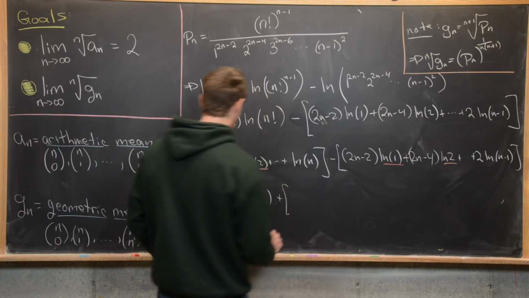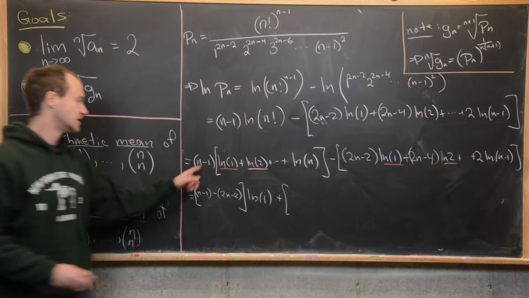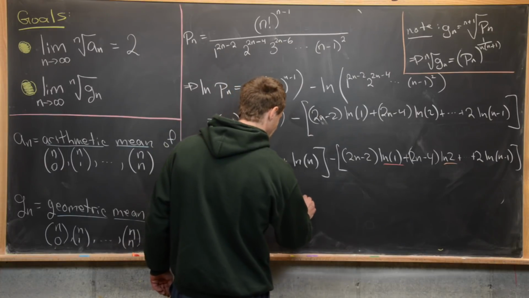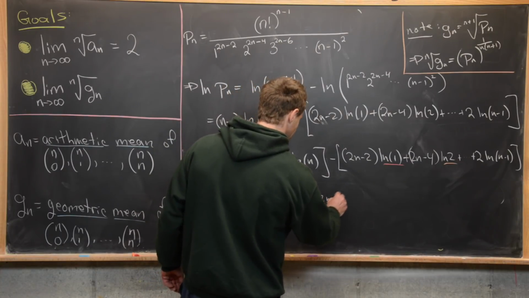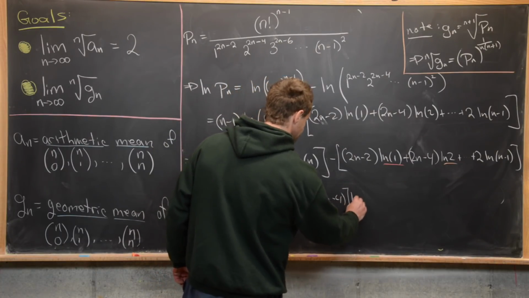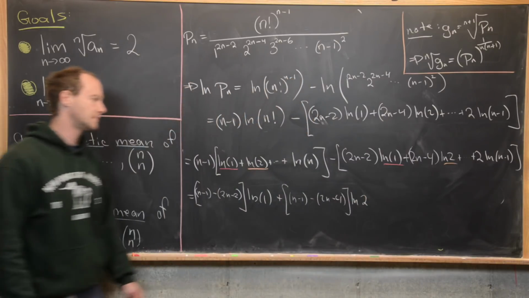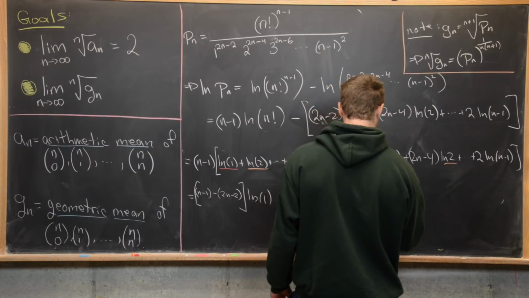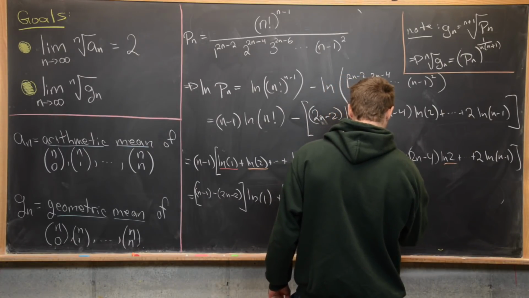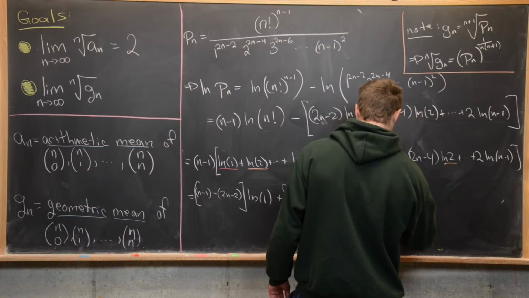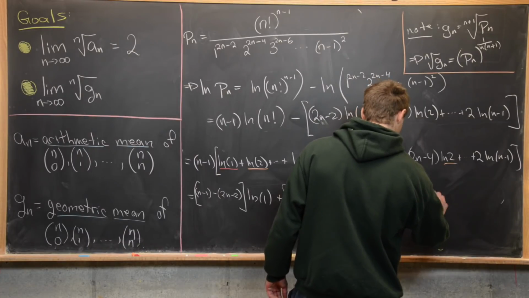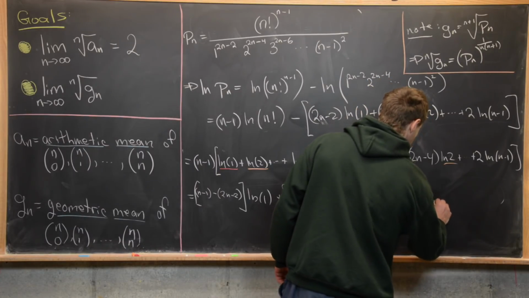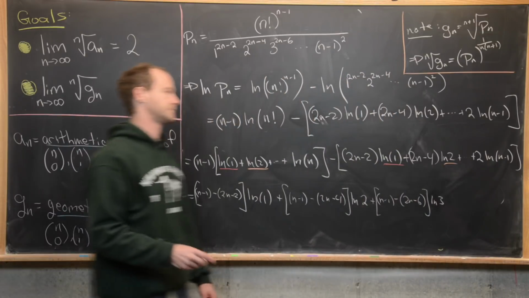Then next, what do we have in front of the natural log of 2? So we're going to have n minus 1 minus 2n minus 4. So that's going to be times natural log of 2. Let's go ahead and write natural log of 3 in here. So that's going to be plus n minus 1 minus 2n minus 6 times natural log of 3.